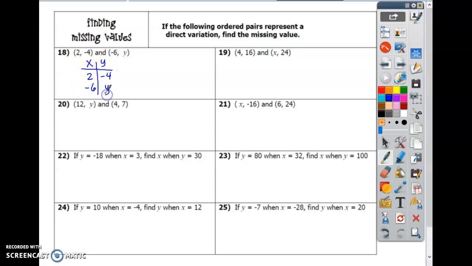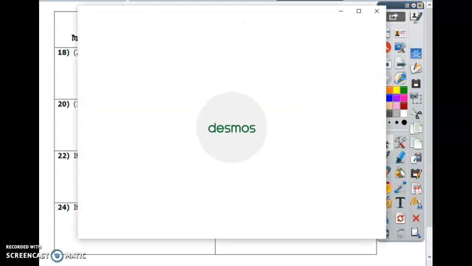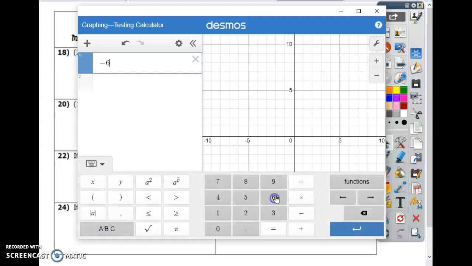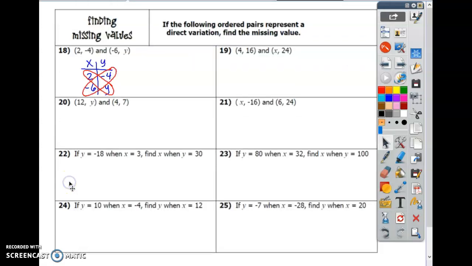and y, right? So because it's proportional, we can cross multiply and divide. I can multiply these two, and I can multiply these two, and divide them. So it can be like a proportion problem. So when I multiply negative 6 times negative 4, gives me a positive 24.